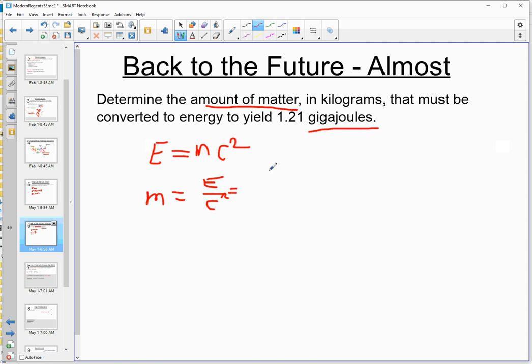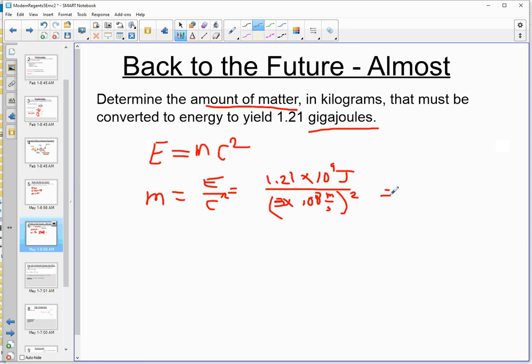And the 1.21 gigajoules has to go into our equation as 1.21 times 10 to the 9 joules over the speed of light squared, which will be 3 times 10 to the 8 meters per second. And then we have to square.